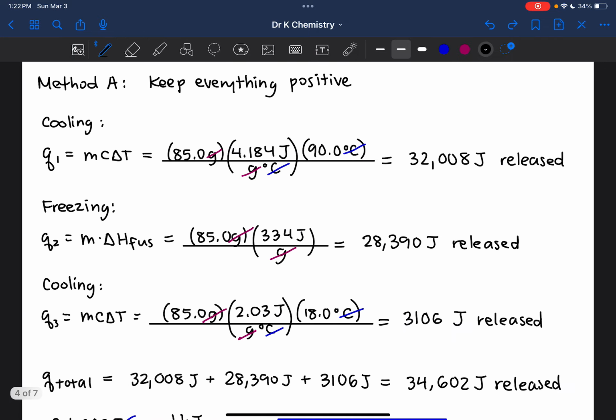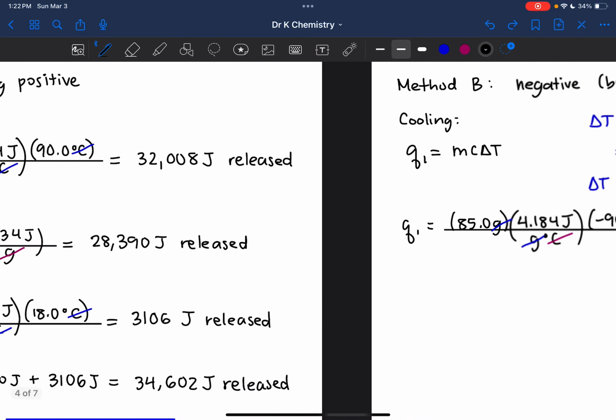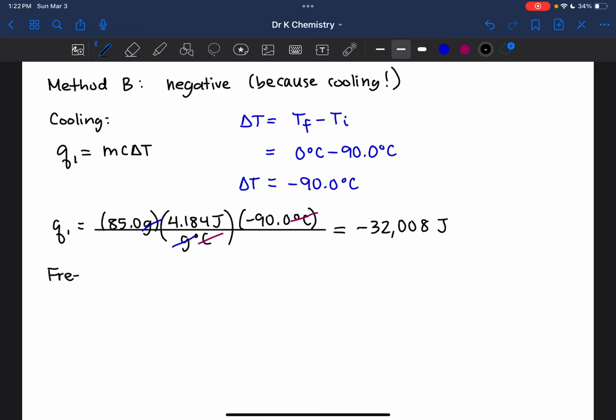In Q2, we were freezing the sample. And the equation for that is the heat of fusion. So here I'm going to turn that negative, because here we are cooling it down, we're freezing it and turning it into ice.